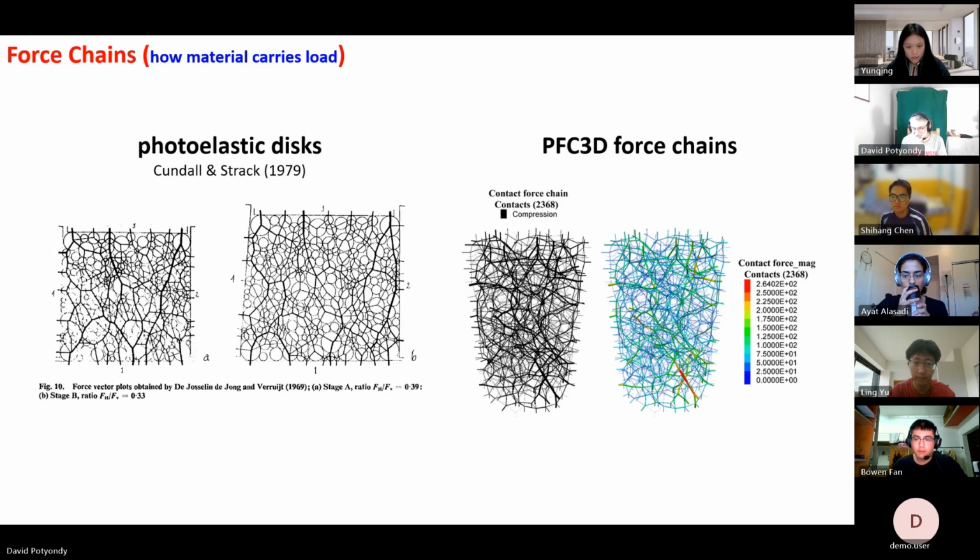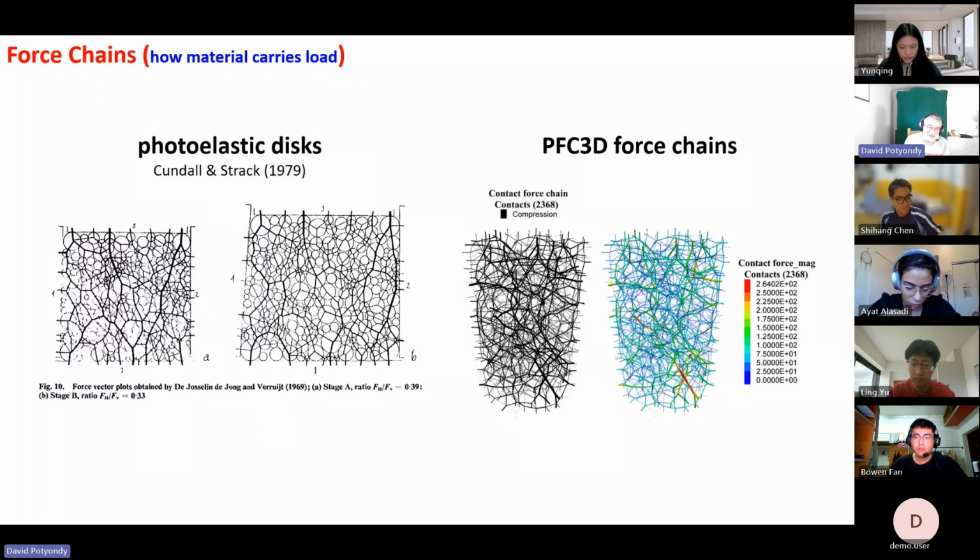Okay. And the last quick thing to point out here is when you bond these things together, now you don't really have a granular material anymore. Now you have a material that can sustain tension loading. And those systems are still governed by force chains.